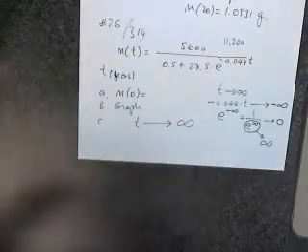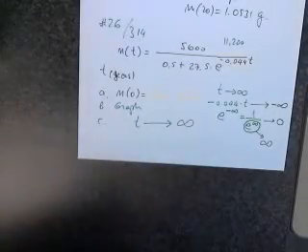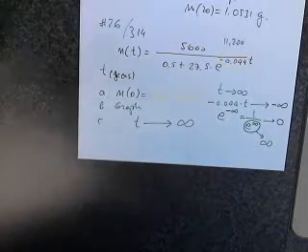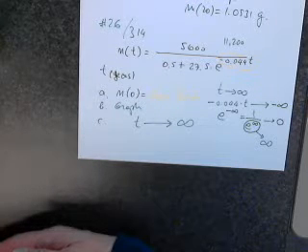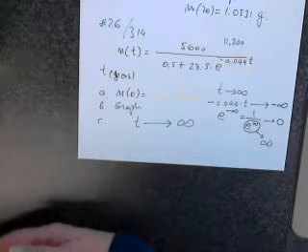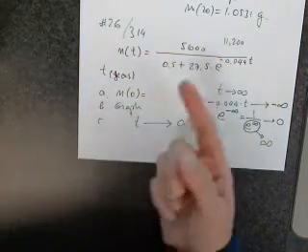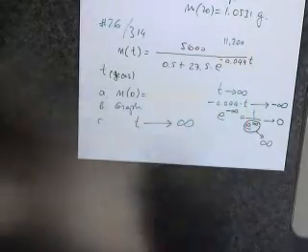So what I'm telling you is this. As t approaches infinity, where does the value of the function go? Closer and closer to 11,200.